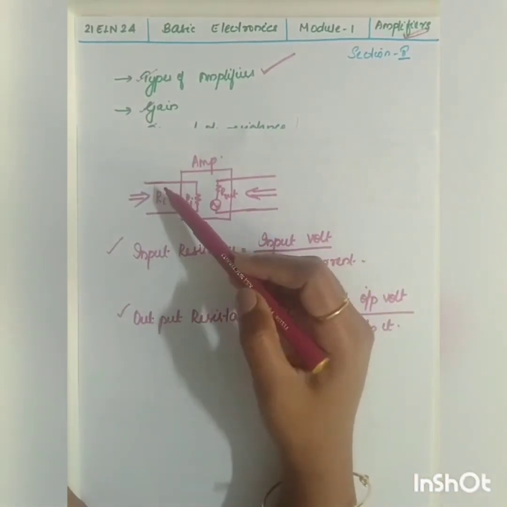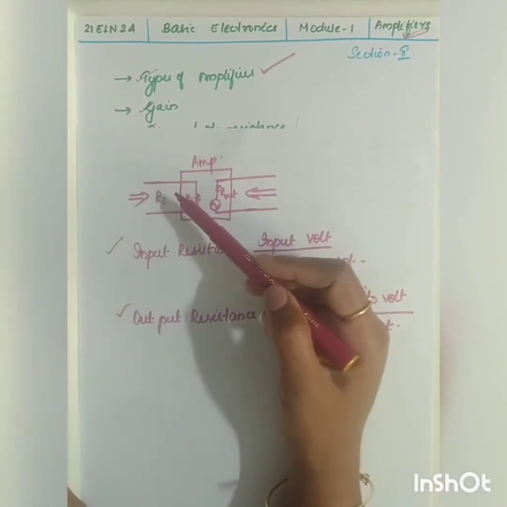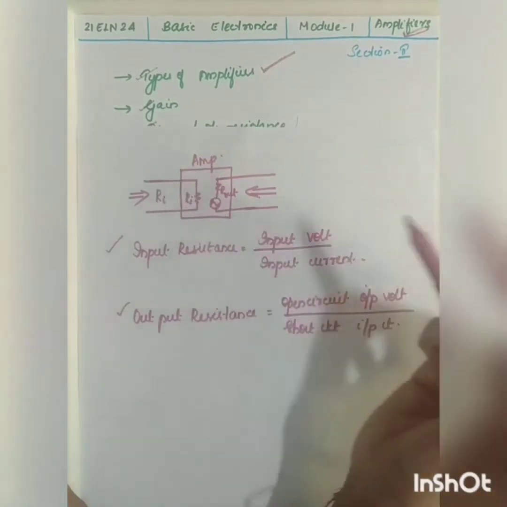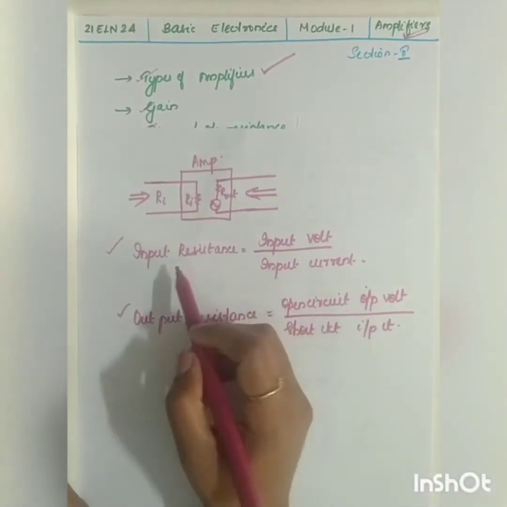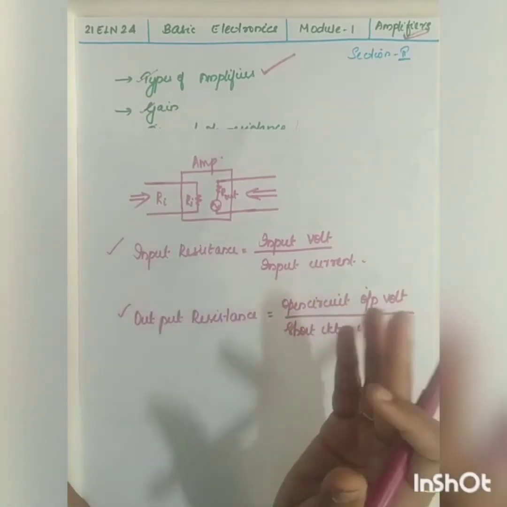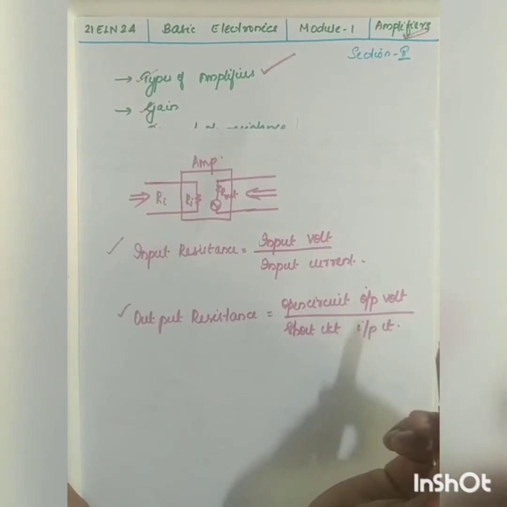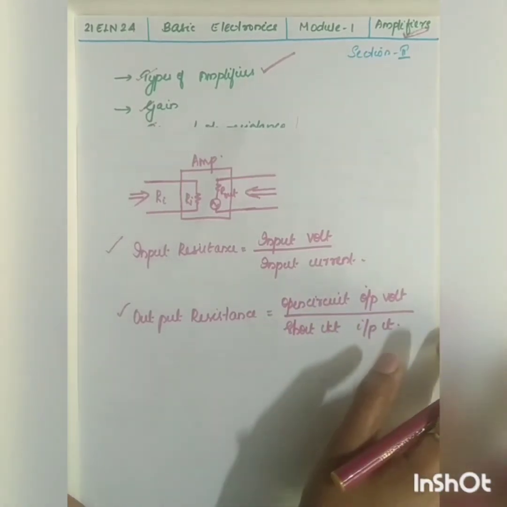Now practically you will have inductors and capacitors connected together. So when capacitors are connected, the input resistance will be called input impedance, whereas the output resistance will be called output impedance.